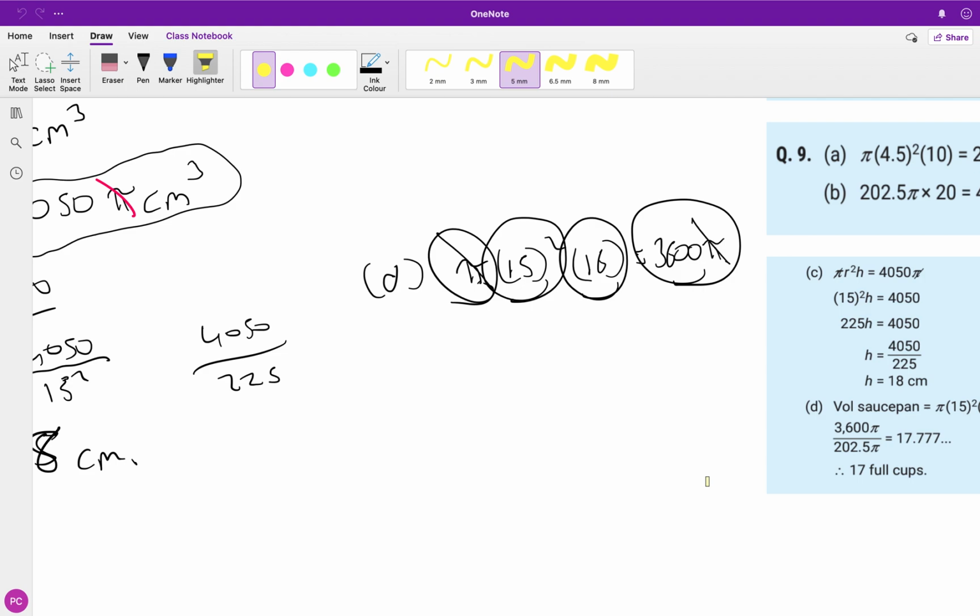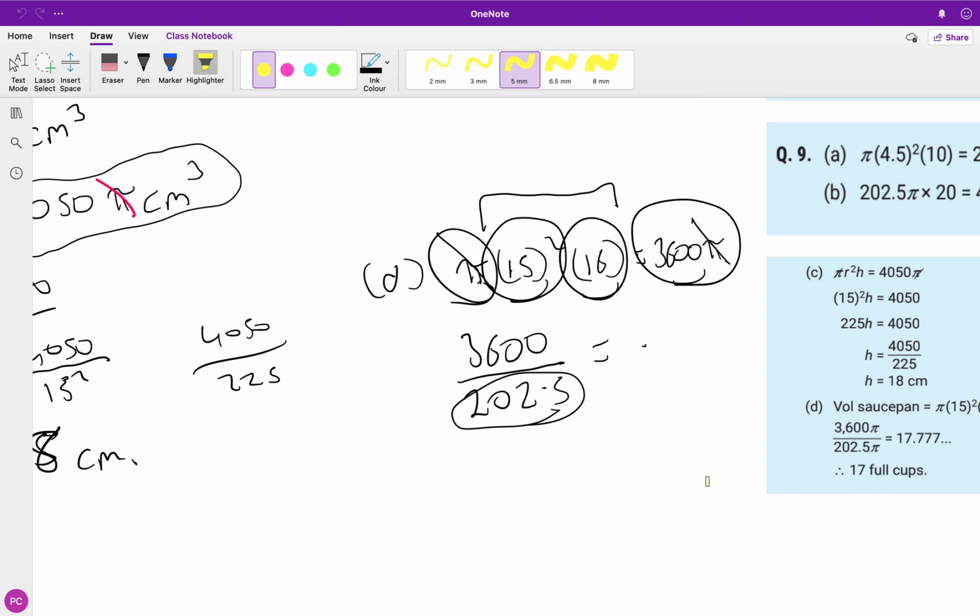So what we end up with is 3,600 all over 202.5, which is equal to, so what I've done is, when you multiply 15 squared by 16, it gives us 202.5.